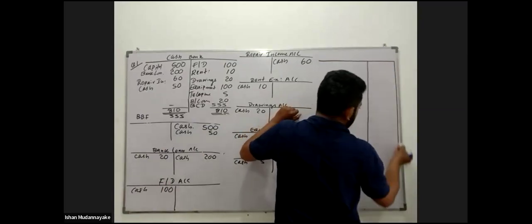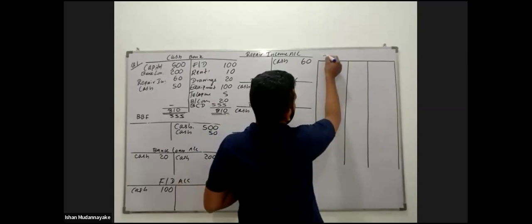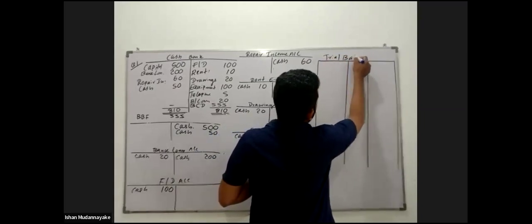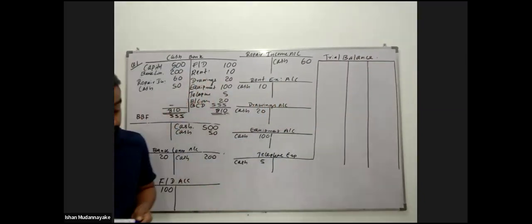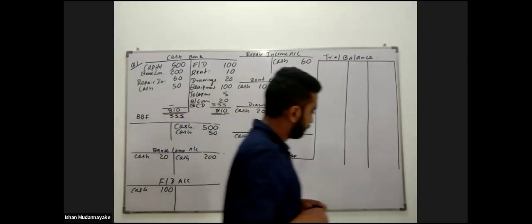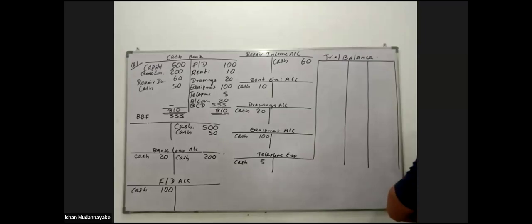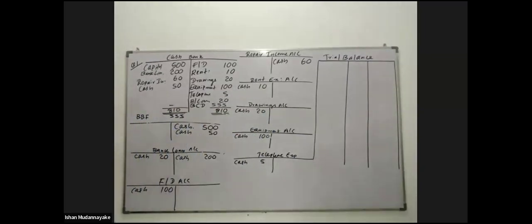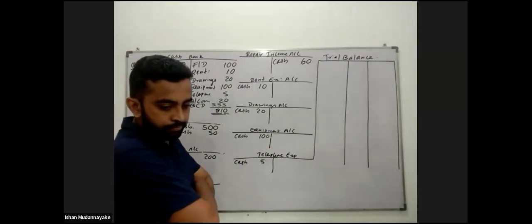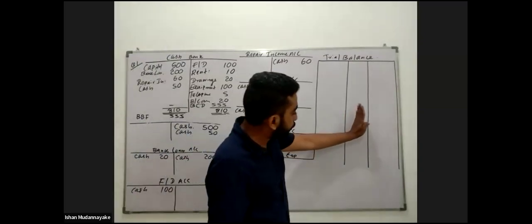This is a trial balance. In this column, we record all the debit transactions.